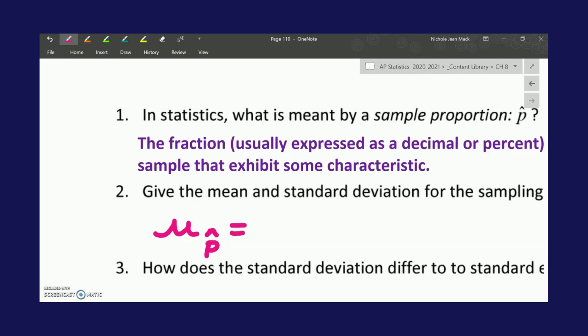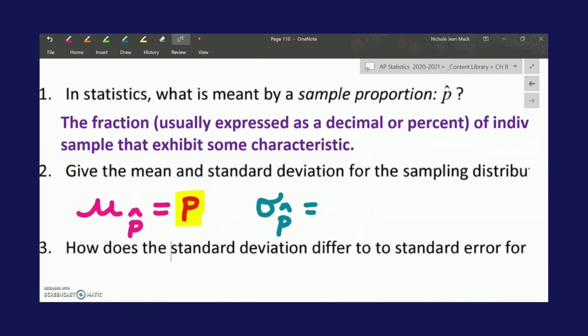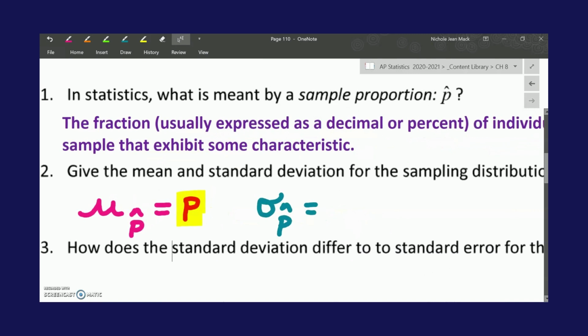And the mean is always whatever p is, so they're going to give us p in the problem. So that's easy peasy, right?